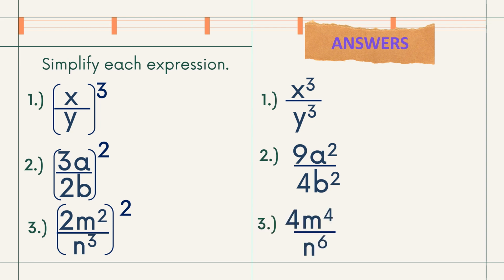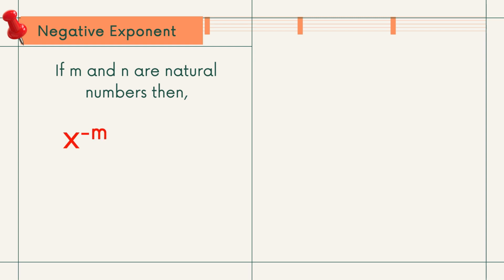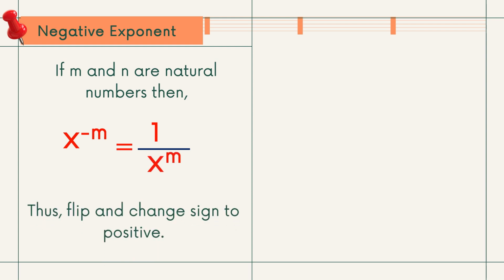4m to the 4th over n to the 6th. Alright, let's discuss the next property of exponent, which is the negative exponent. And it says that if m and n are natural numbers, then x raised to the power of negative m is equal to 1 over x to the m. Thus, flip and change the sign to positive.